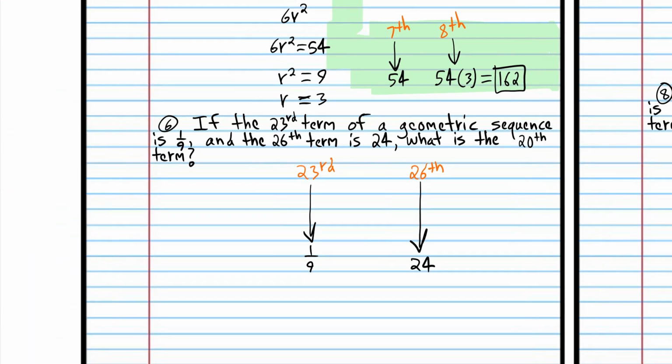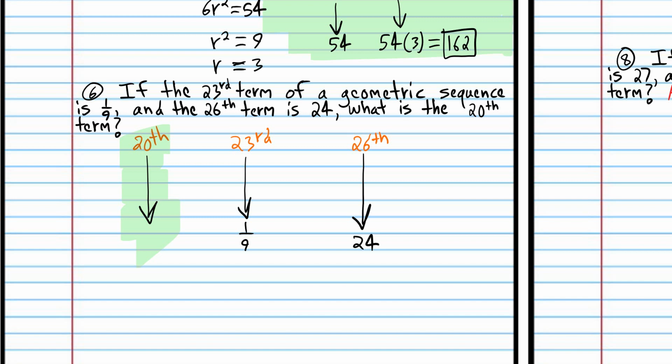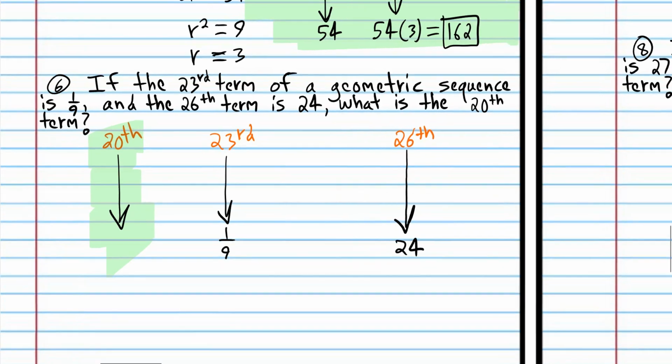And we're looking for the 20th term, which is over here. So if you're going from the 23rd term to the 26th term, we have to multiply by r 3 times.